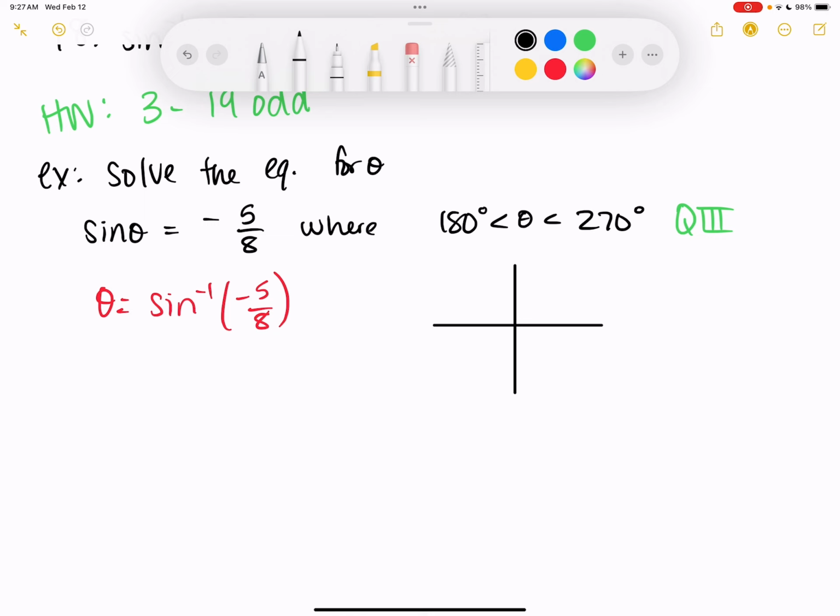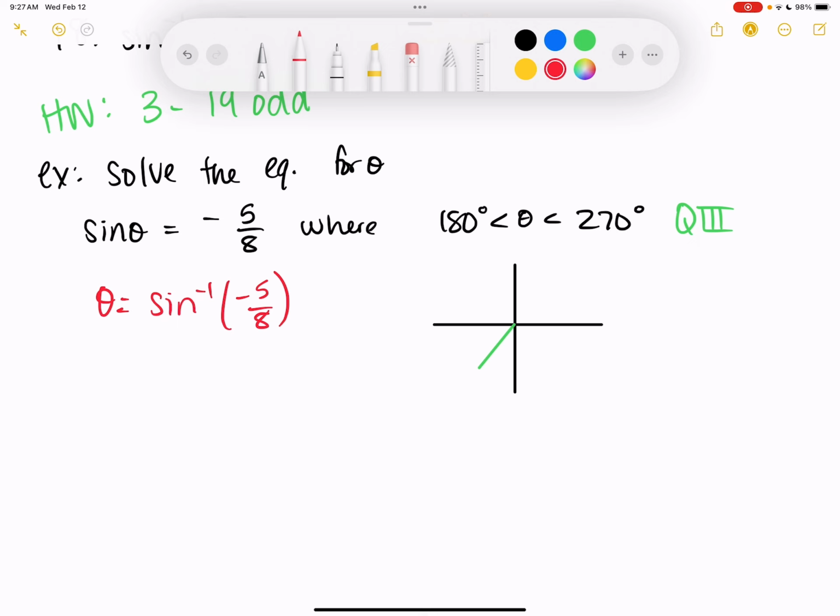Alright, so this angle that I was given is somewhere over here. I don't know where, just making a guess. But as Shepard already mentioned, sine doesn't occur over there. So the other place that sine is negative is where?